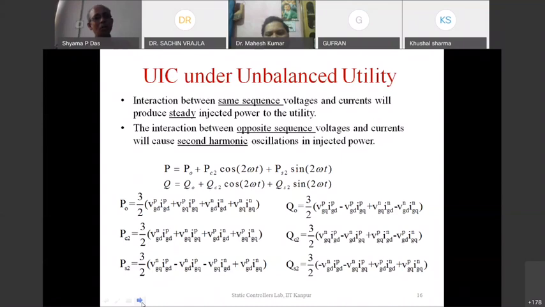The current is also a complex variable. We have similarly for the positive sequence component and negative sequence component. How do we find the real power? The total power is S equal to V I conjugate.